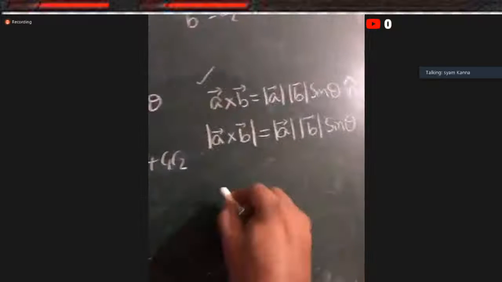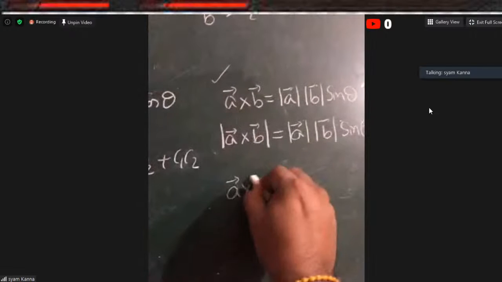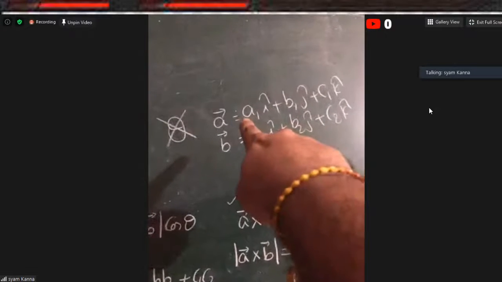Next, find A bar cross B bar. Again, step will be: in A bar, what are the components? A1, B1, C1. Fill it here.